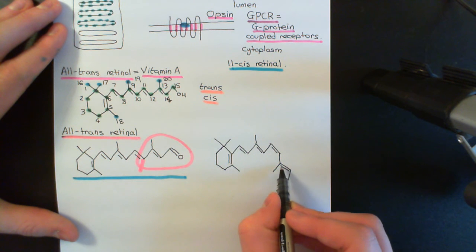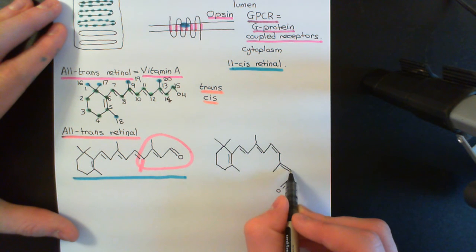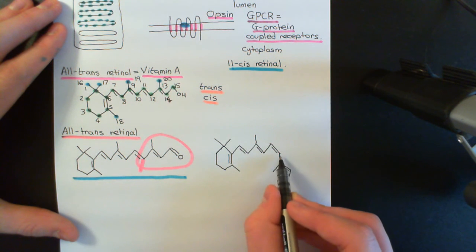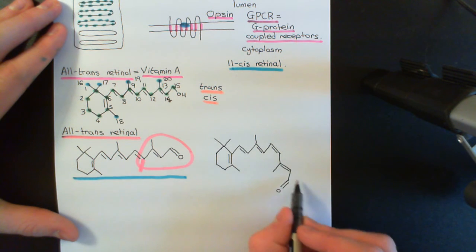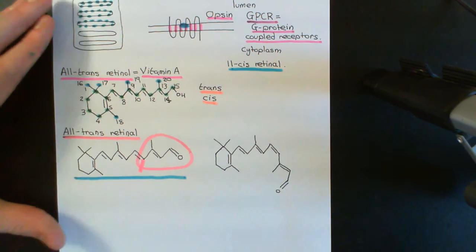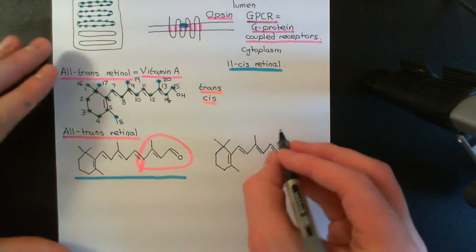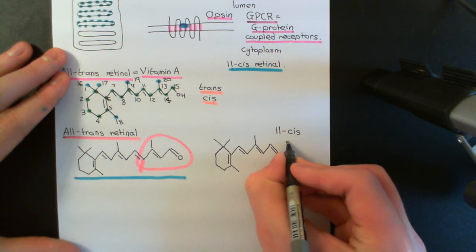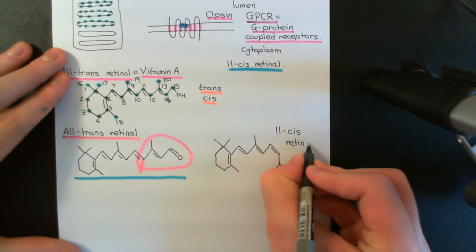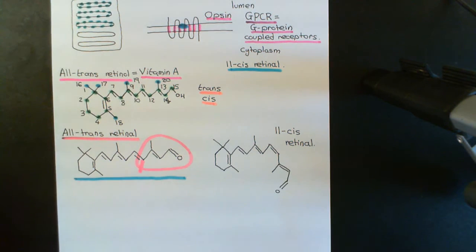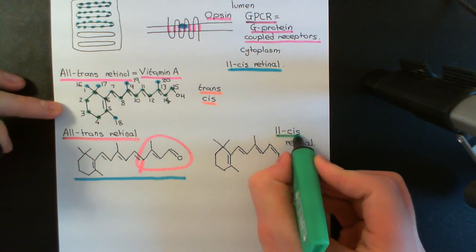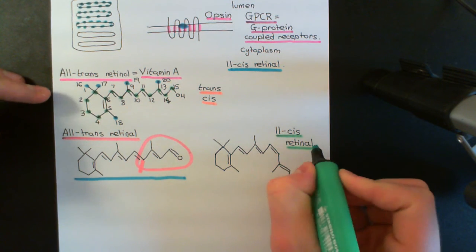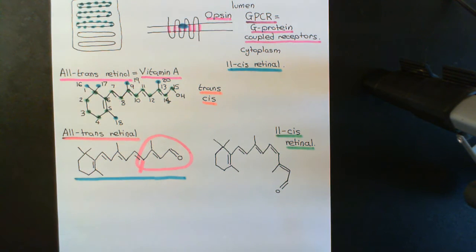We then just need to make sure we show the double bond between carbon 13 and carbon 14 in the trans conformation, and it still is in the trans conformation because this is the major group and this is the major group, and they're on opposite sides of the double bond. So this here is how people would usually draw the structure then of 11-cis retinal. Okay, so this is the molecule that you bind to the opsin protein in order to make a rhodopsin protein.